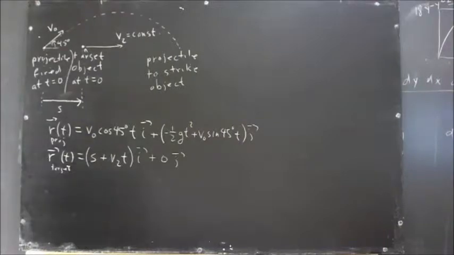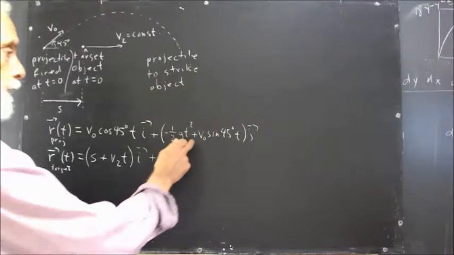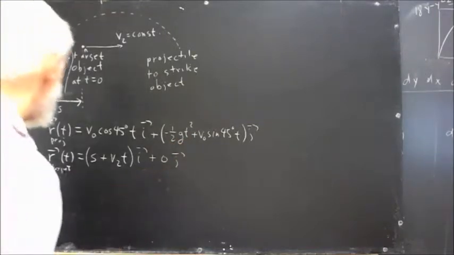Now, we want these two positions to coincide. How do these two positions coincide? Well, they coincide if this equals this and this equals this.